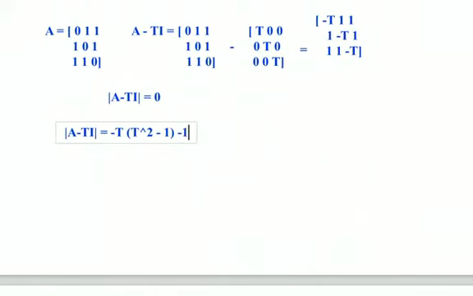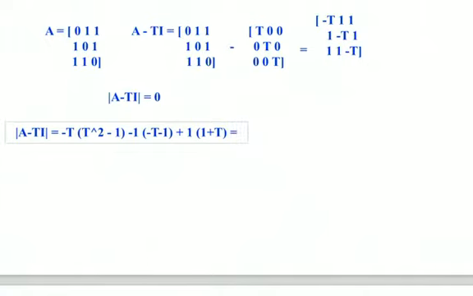Minus 1 into 1 into, this row, this column, minus lambda minus 1, right? Minus lambda minus 1 plus 1, sorry, plus 1 into this row, this column, 1 plus lambda. Yes, that is correct.